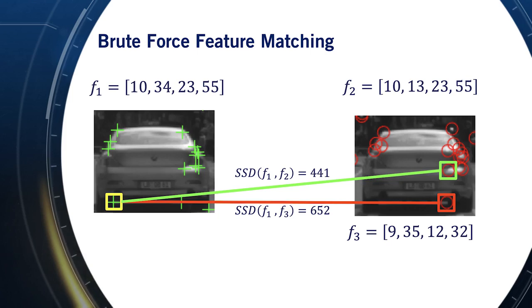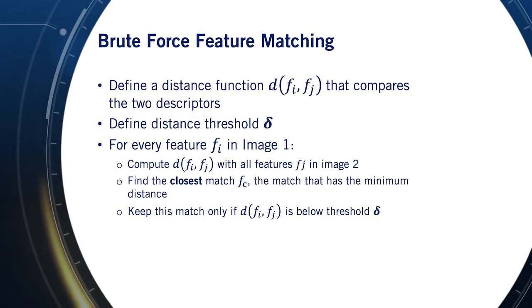So how can we solve this problem? We can solve this problem by setting a distance threshold delta on the acceptance of matches. This means that any feature in image 2 with a distance greater than delta to f1 is not considered a match, even if it has the minimum distance to f1 among all the features in image 2. Now let's update our brute force matcher algorithm with our threshold.